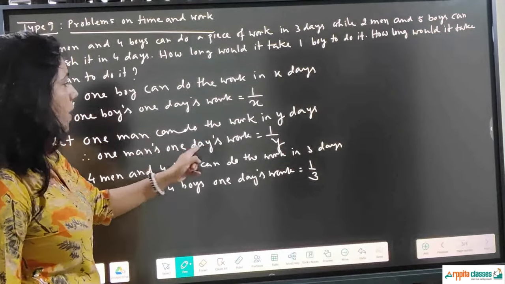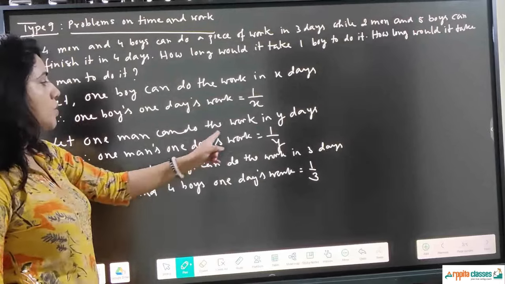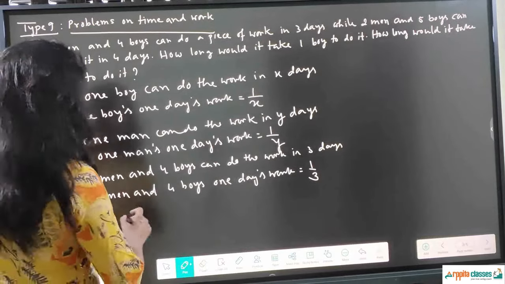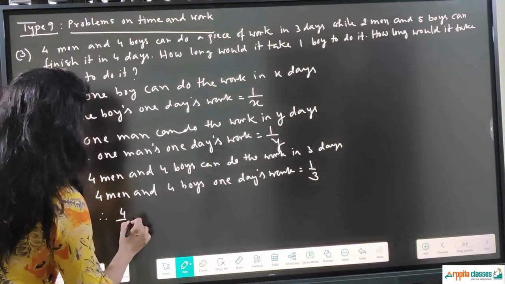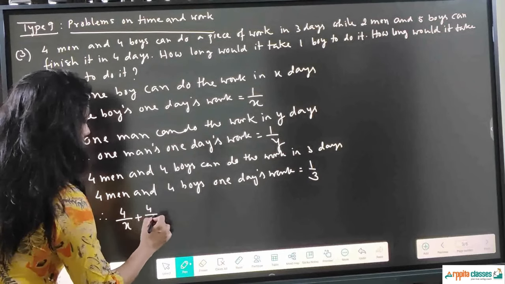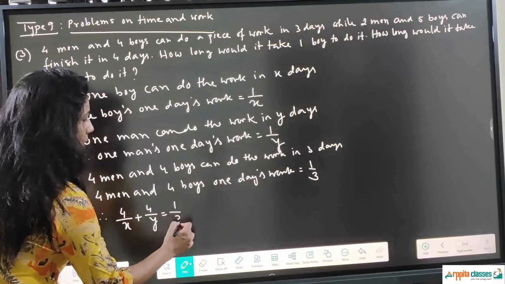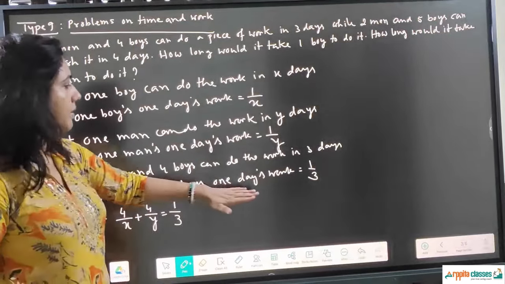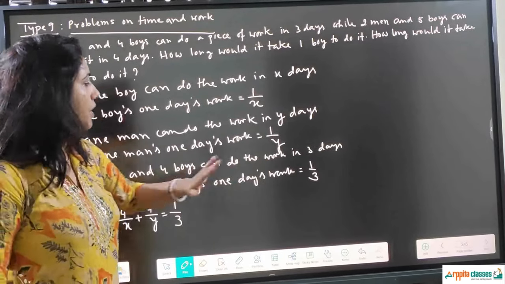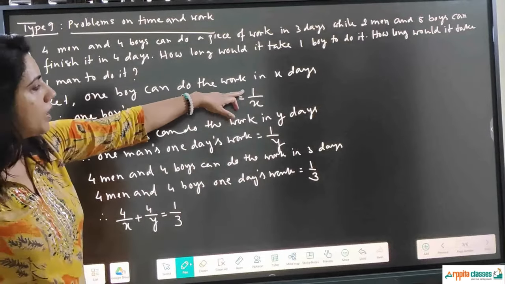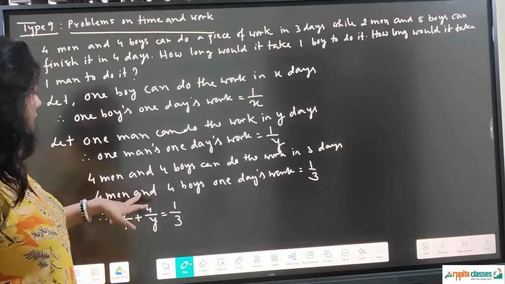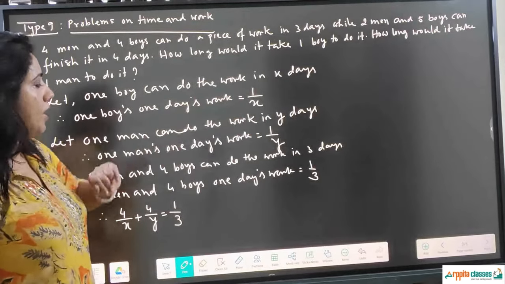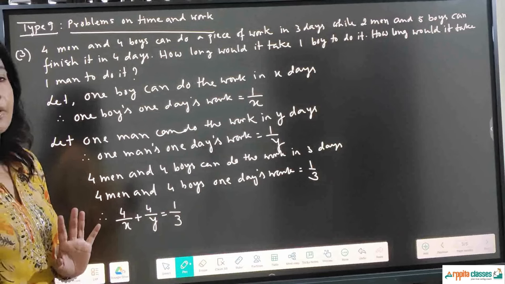Similarly, if 1 man's 1 day's work is 1 upon y, 4 men's 1 day's work will be 4 upon y. So according to the question, we can write 4 upon x plus 4 upon y is equal to 1 upon 3. This is the first equation, because they can complete 1 day's work of 1 upon 3.